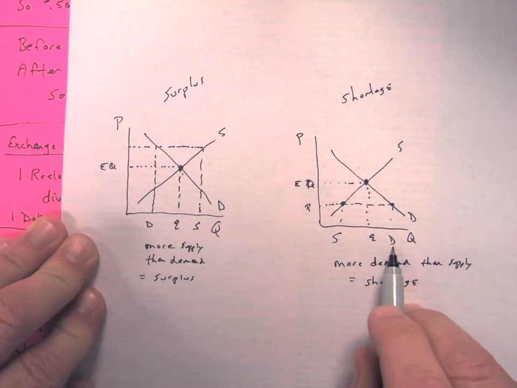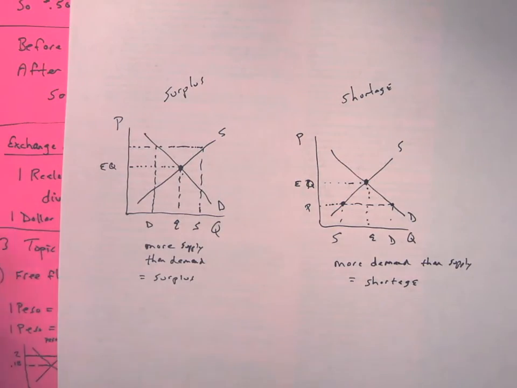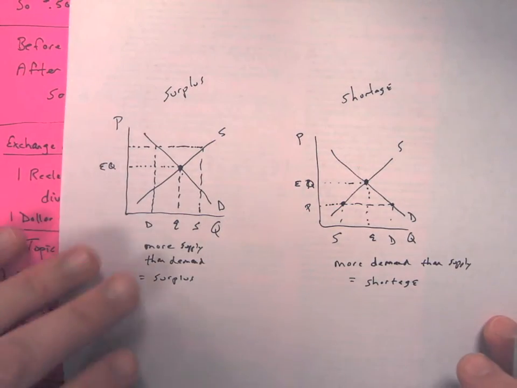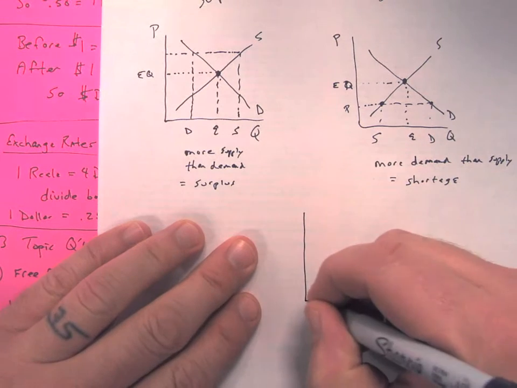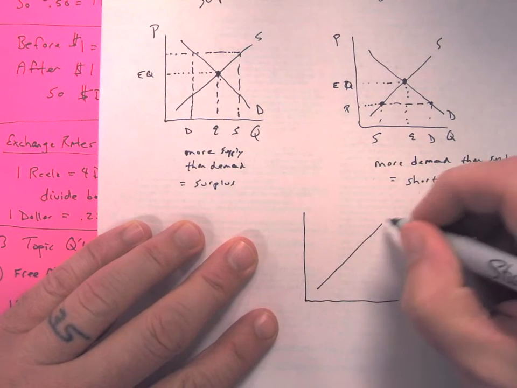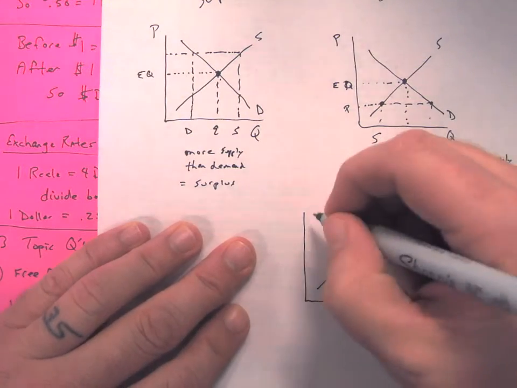And so since demand is to the right of supply, that means there's more demand than supply, and that would equal a shortage. So what they've done is taken exchange rates and turned them into shortage and surplus questions like from just a second ago.